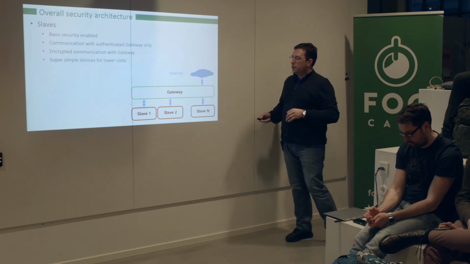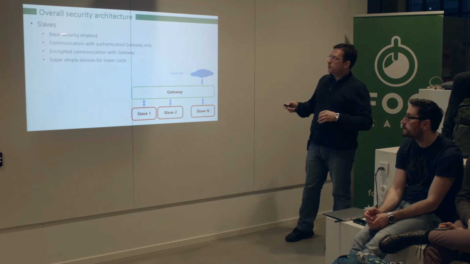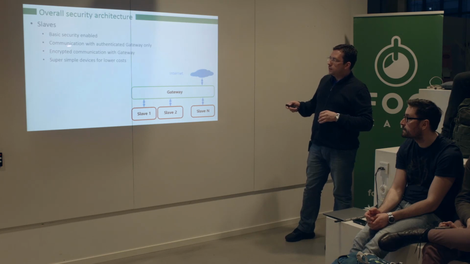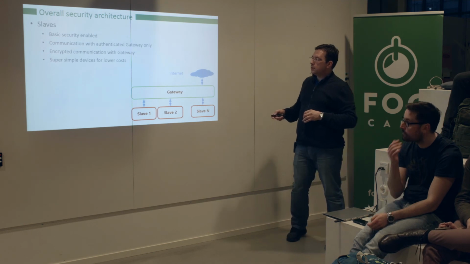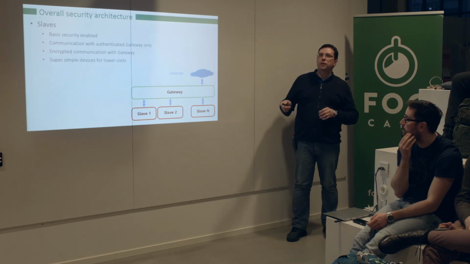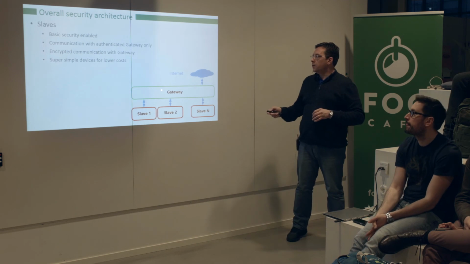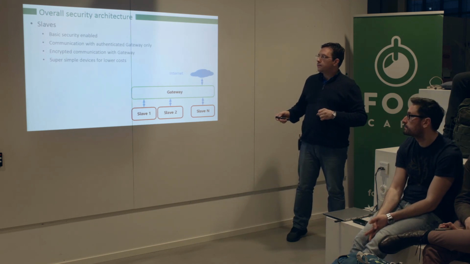Everything is within the privileged modes, but all the communication goes only with authenticated gateways. It is encrypted communication, and the idea is, as I said, they have to be super simple, so they're quite cheap, and you can even have Wi-Fi enabled light bulbs, which are also communicating with the gateway via encrypted line.